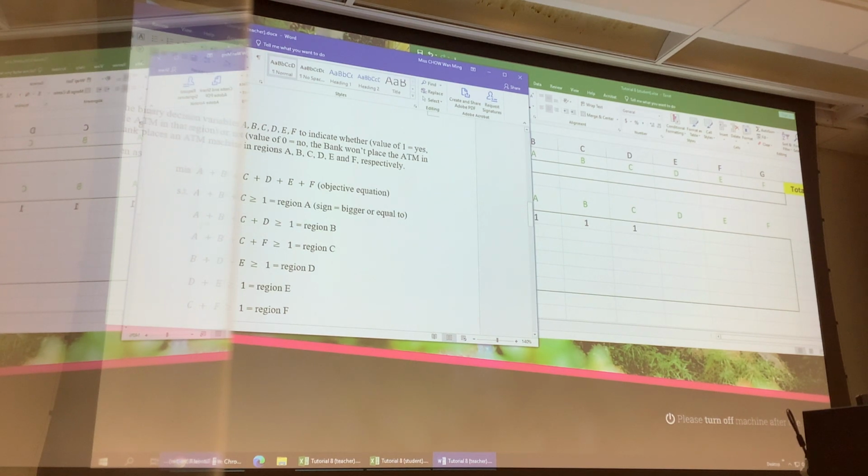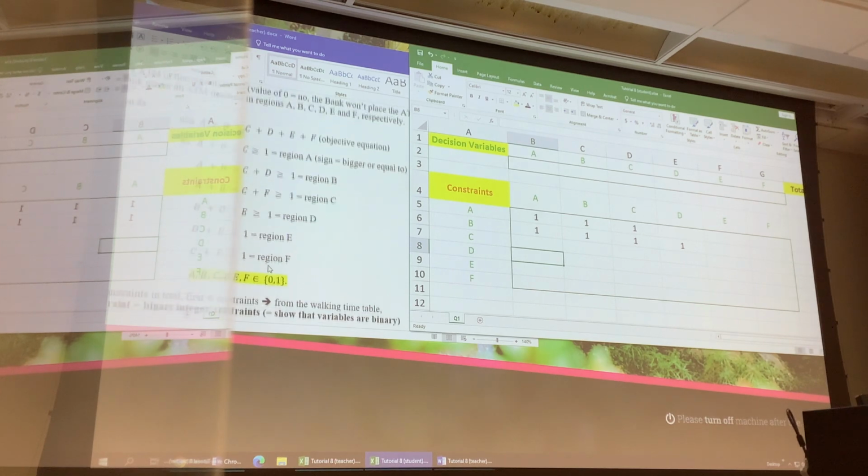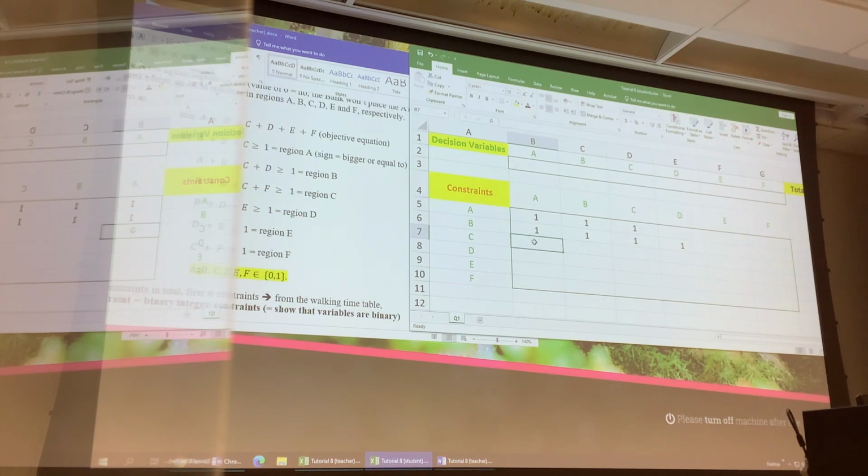Region B. For region B, we have to omit E and F, right? So A, B, C, and D. So these 4 are the variables in the region B constraint, and then so on, you can fill in the numbers by yourself. Like region C, that is A, B, C, and F. Okay.